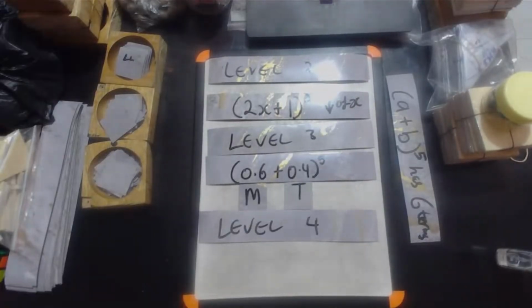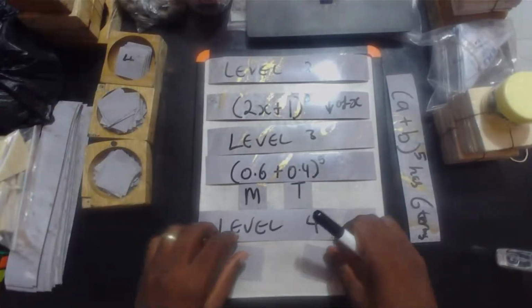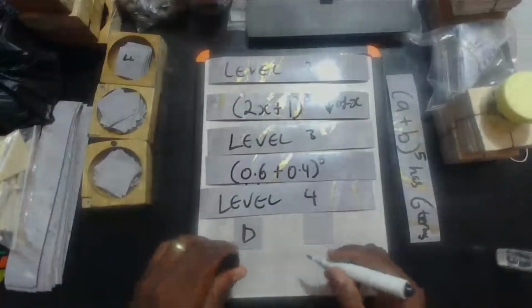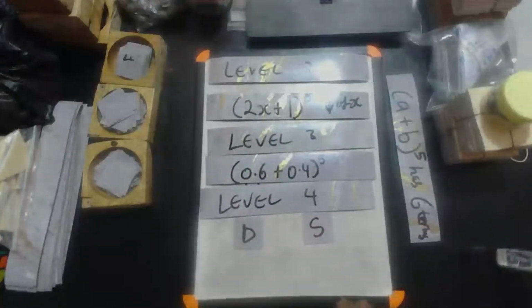They currently sell 2 products, dried fish and smoked fish. So in level 4, the coastal market scenario, we have dried fish and smoked fish. Currently, they sell two products, dried fish and smoked fish.